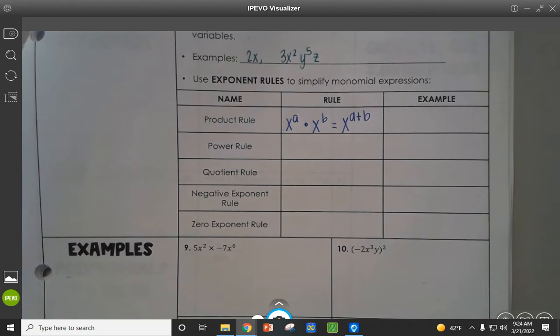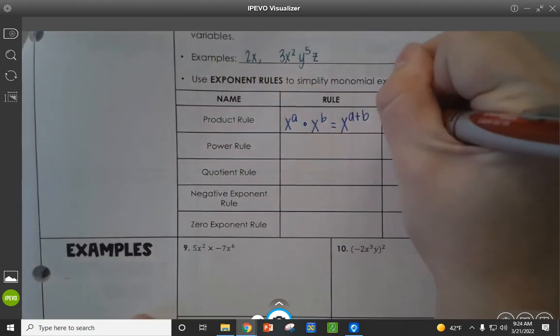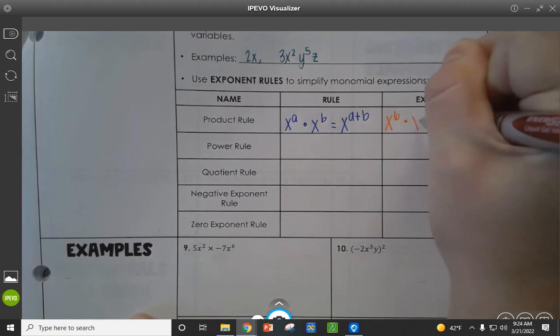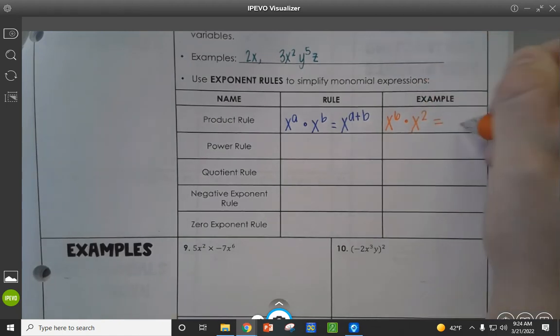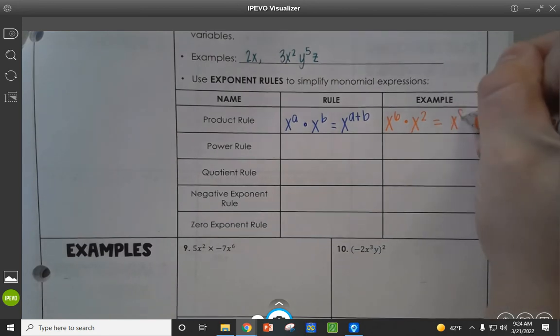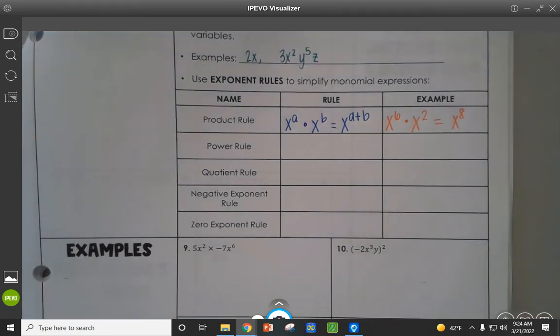So if I do an example of that, that would be like x to the 6th times x squared would be x to the what? Eighth. x to the 6th times x squared is x to the 8th because you add the exponents.